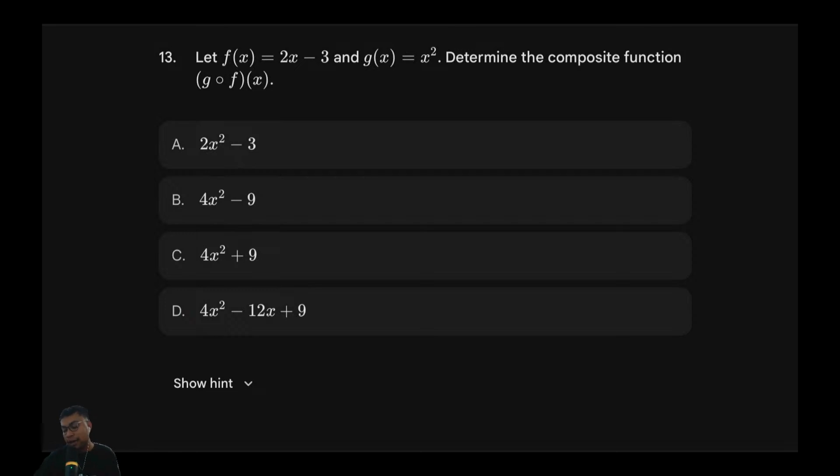Like our question, they want us to find g of f of x, which means we have g of x and f of x. What happens if we plug f of x into g of x? This is the same thing as g f of x.